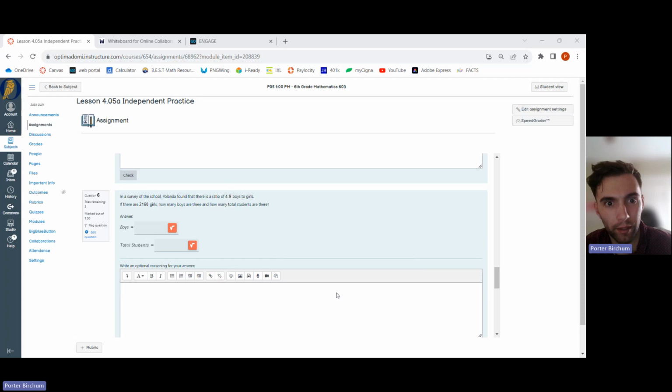Or I could use number family knowledge and rearrange these numbers like this. I could use inverse operations instead of 9 times what is 2,160. I could do 2,160 divided by 9, which is 240 boys.